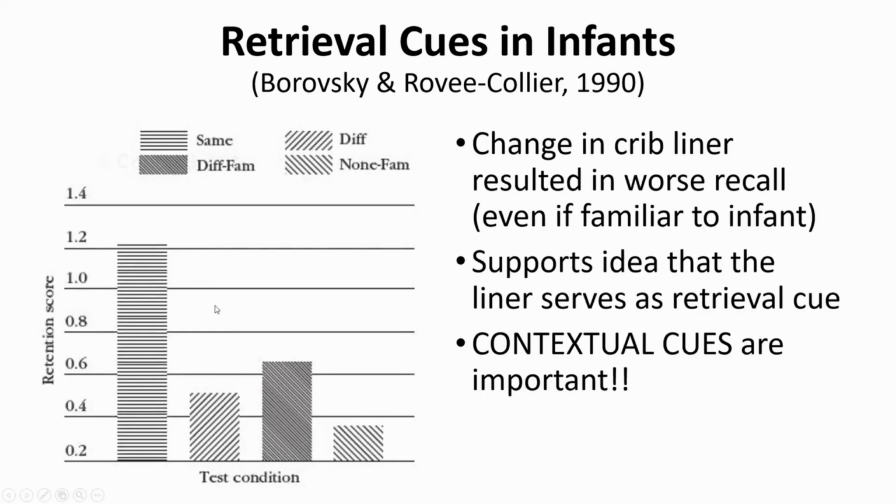So we can actually look at the results here, and this is an obnoxious line graph. But the way that it's set up is that our first bar here is looking at the same liner in testing as there was during training.